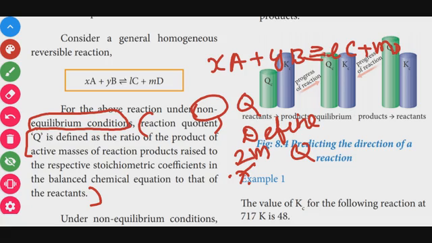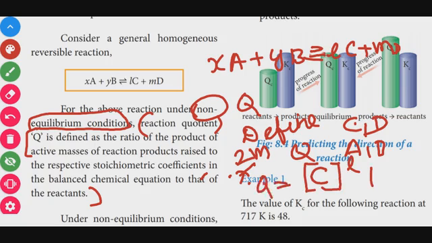Okay, so product of active masses na, for example products are C and D and the reactants are A and B. So product of active masses na bracket போட்டுறணும், and அதோட stoichiometric coefficient l அதே மாதிரி. So Q is equal to [C] power of l, and [D] ஓட concentration or active mass and அதோட stoichiometric coefficient m.